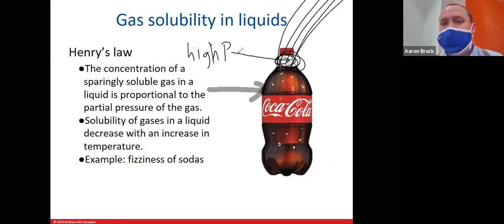And also, as this warms up, the other factor of gas solubility comes in as well. You leave a bottle of soda sitting out on the counter for a while, it starts to go flat on you. Why does it start to go flat? Temperature is rising, temperature is increasing. Carbon dioxide is less soluble in the warm soda than it was in the cold soda.